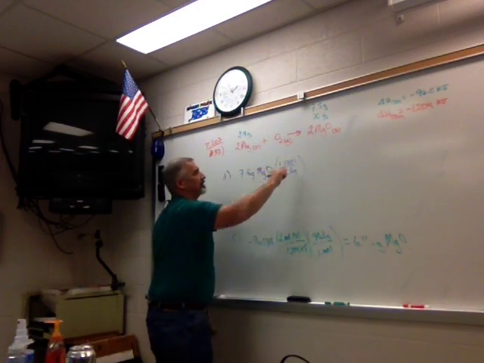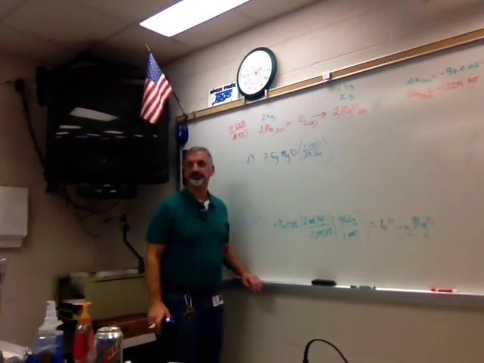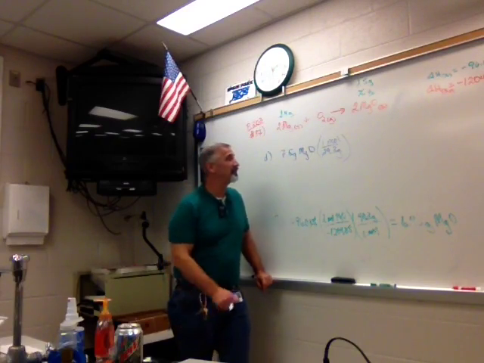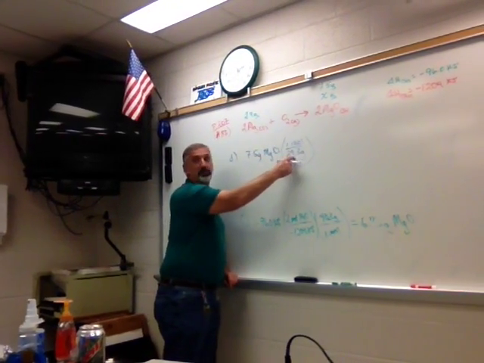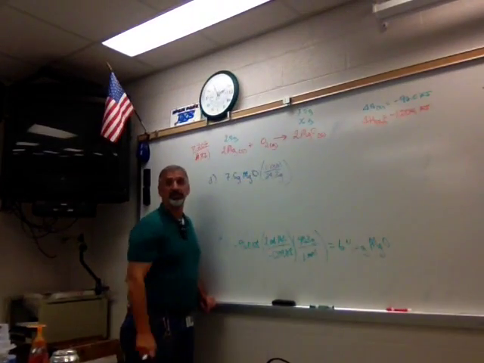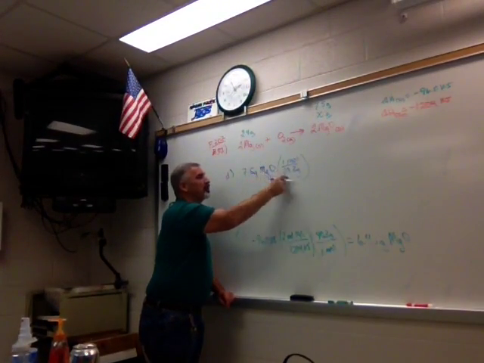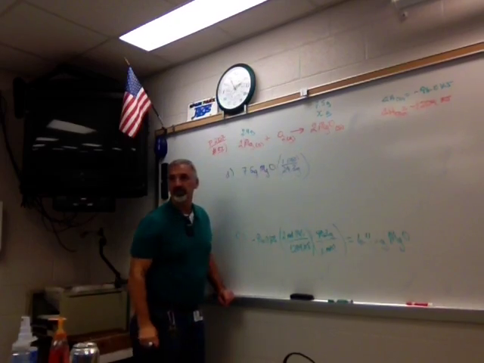Why not the 2? Why don't I use 2 moles there? Because when you're converting to moles, it's always the grams per 1 mole. 24.3 is the grams in 1 mole. And now we know how many moles we have. We have this fraction of a mole, about 1/3 of a mole.